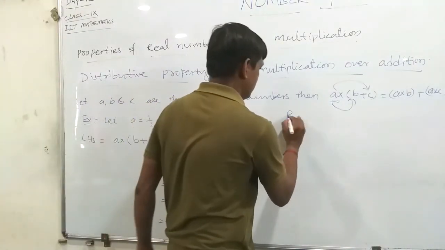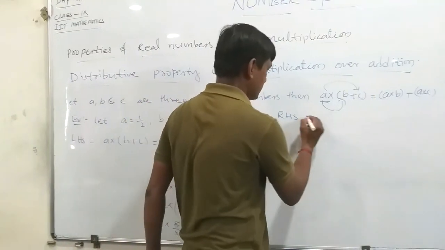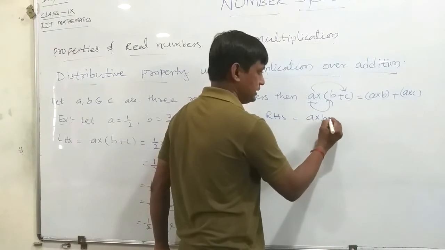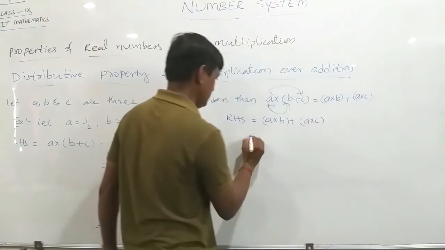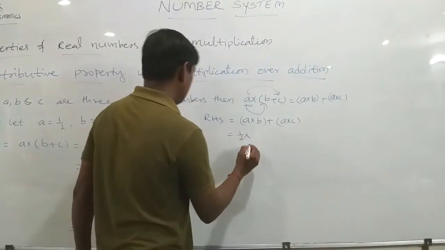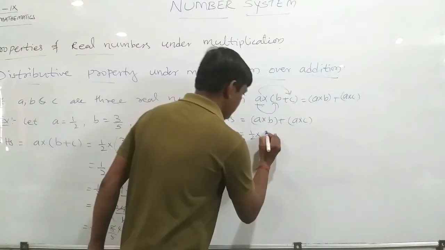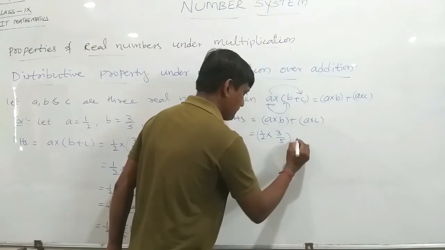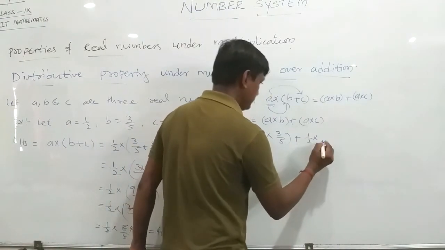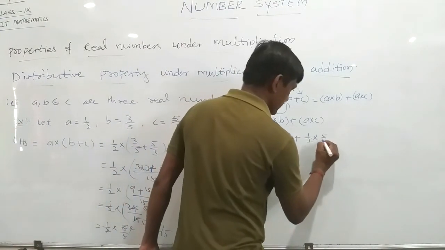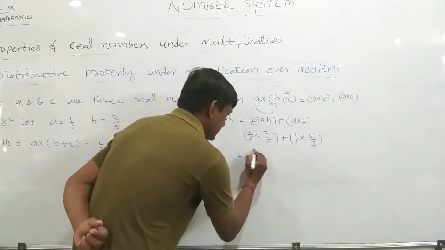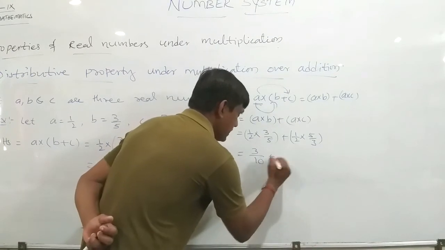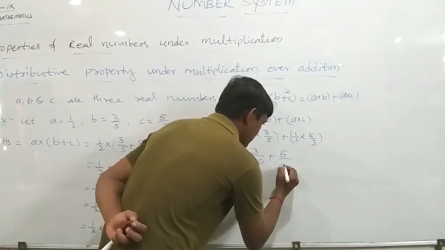In the same way I am taking the RHS. a into b plus a into c. 1 by 2 into the b value 3 by 5, plus 1 by 2 into the c value 5 by 3. Now 1 into 3 is 3 and 2 into 5 is 10, plus 1 into 5 is 5 by 2 into 3 is 6.